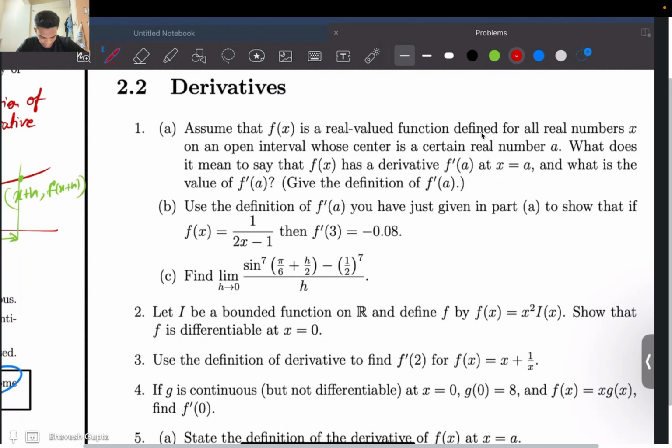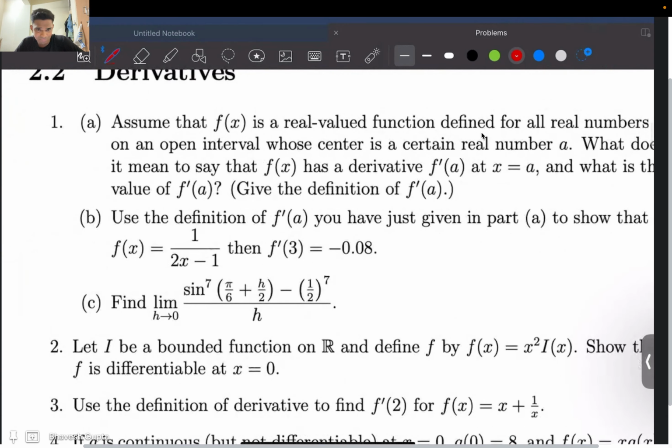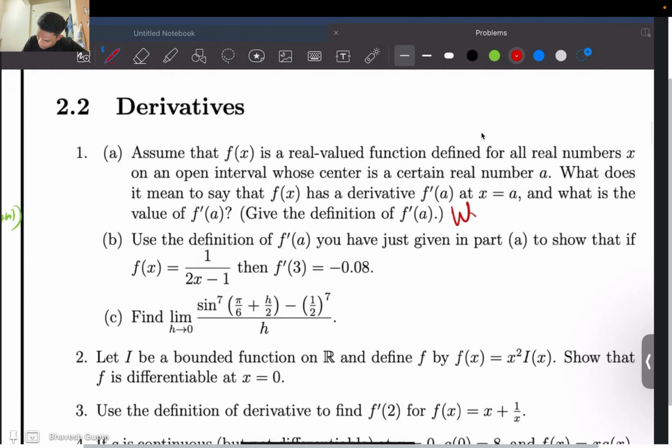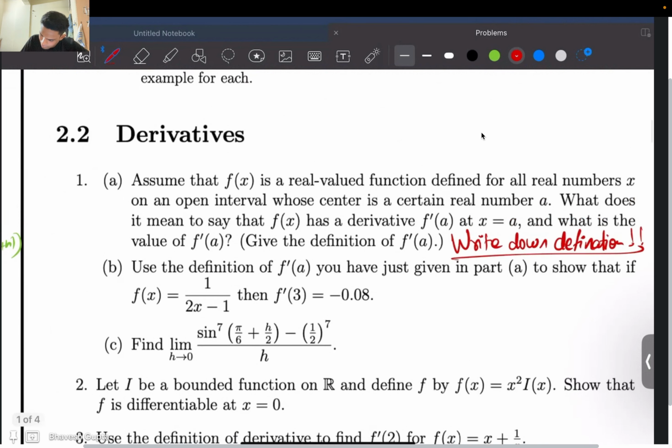You just have to give the definition, the epsilon delta definition which we have talked about earlier. Just write down the definition. Nothing interesting. You know that definition which we have discussed earlier.